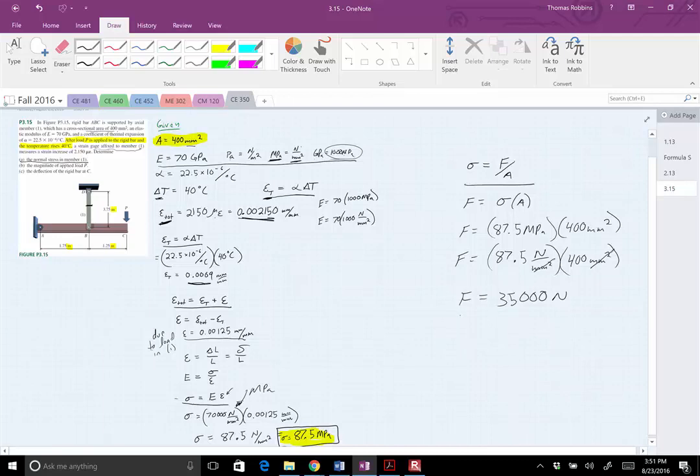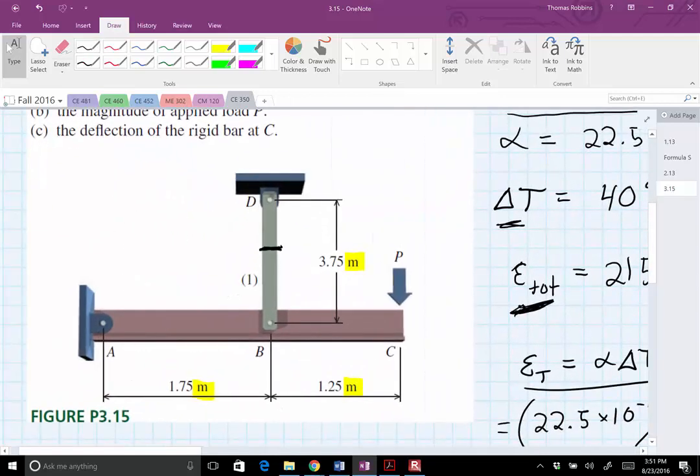So what is this force? This force is not P, okay? It's F, from the stress that was applied to the internal forces of member 1. Let me zoom in here again on this figure. This is member 1, from D to B. That is not P, the force that's applied.